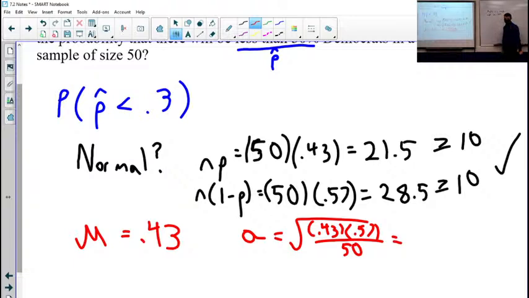That one I can't do in my head. Someone needs to tell me what that is. All right, we'll go with 0.07 for the sake of drawing a normal curve.